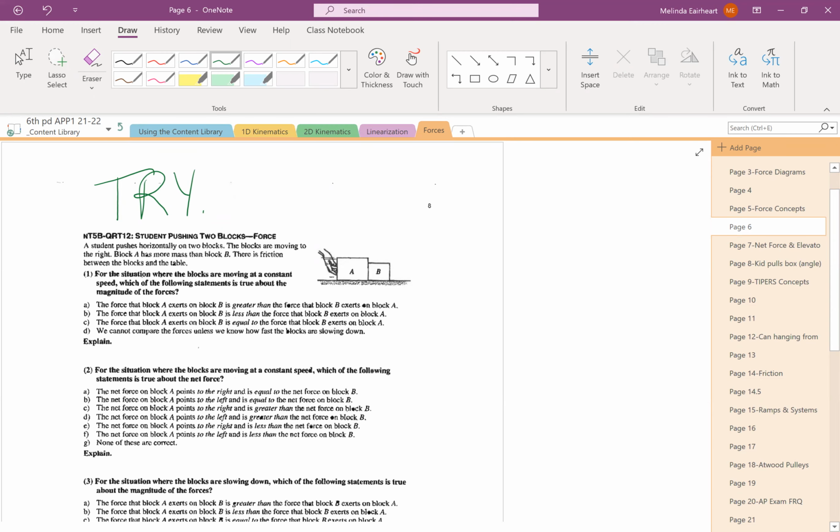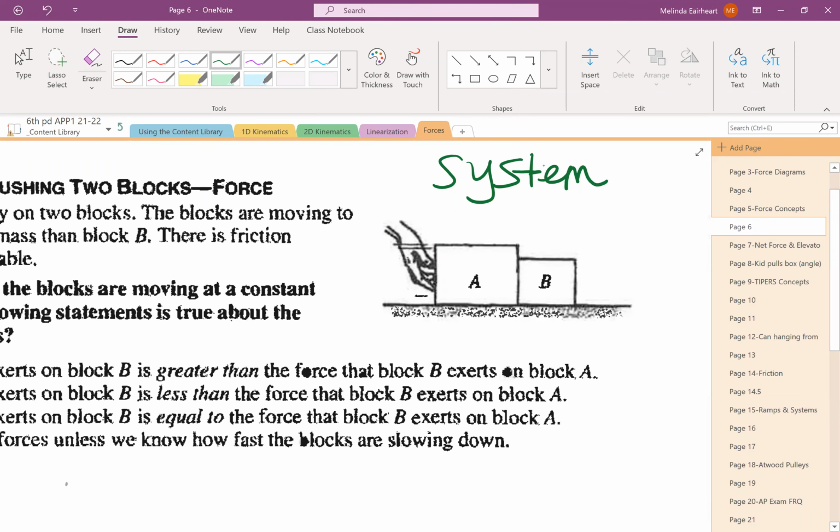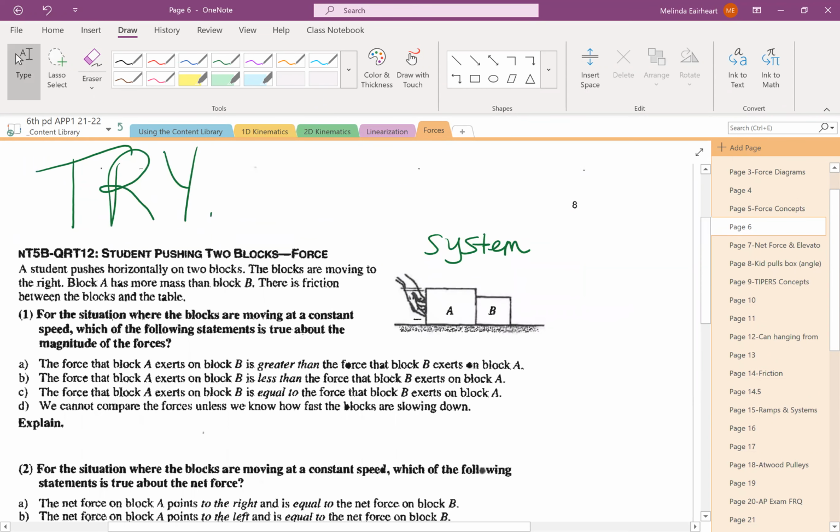But notice you've got two blocks. I push on A. Do I push on B? No, A pushes on B. So just be ready, kind of like our stack of books. Look at maybe the individual boxes, but also you can view it as a collective, a system. So try this one later. If we have time next class, I'll come back to it.